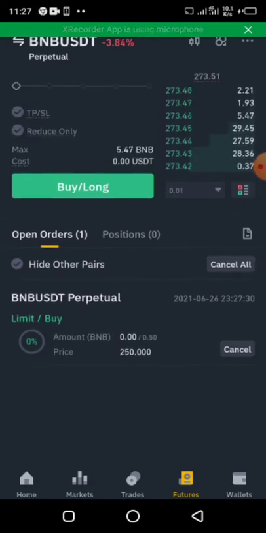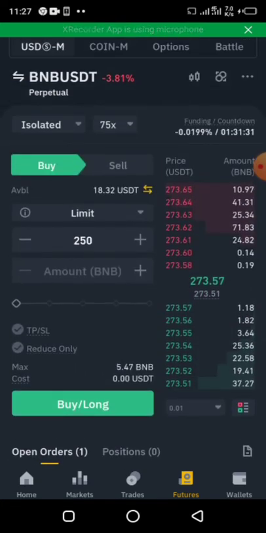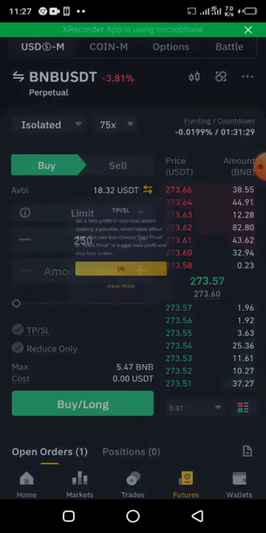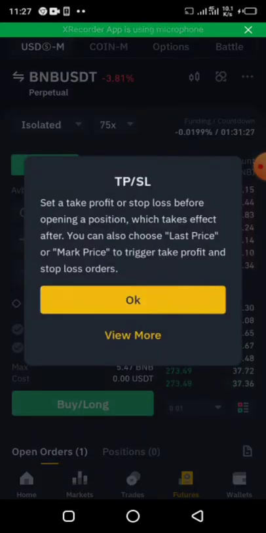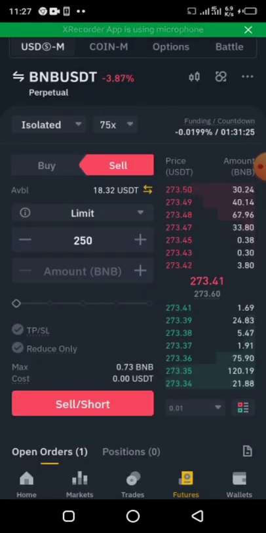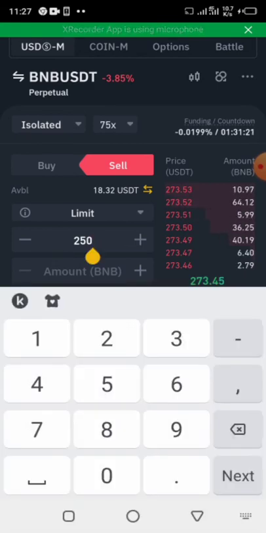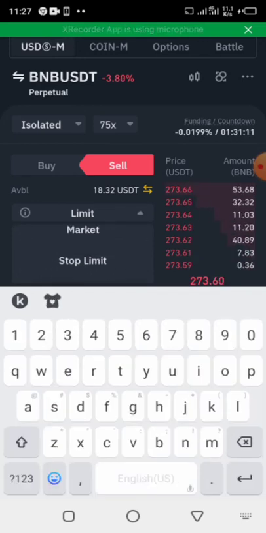So another thing we can do is look at this BNB now. I can definitely still sell at the same time. So instead of selling at 250, I can decide that I want to sell when it gets to 260. Or let me even say I'm selling at the present market. Let me just sell at the market price.